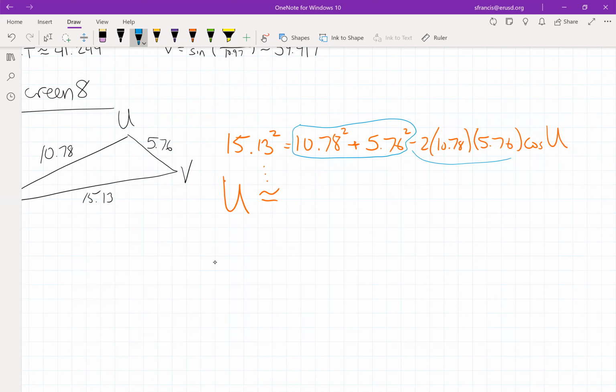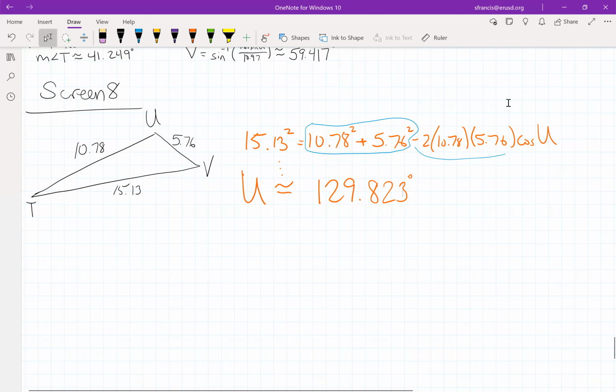And if you do this, you should get 129 points. Of course, I didn't write it down, so I got to go back to my calculator. 823. And if you're not getting that, let me know. We can try to problem solve, troubleshoot.